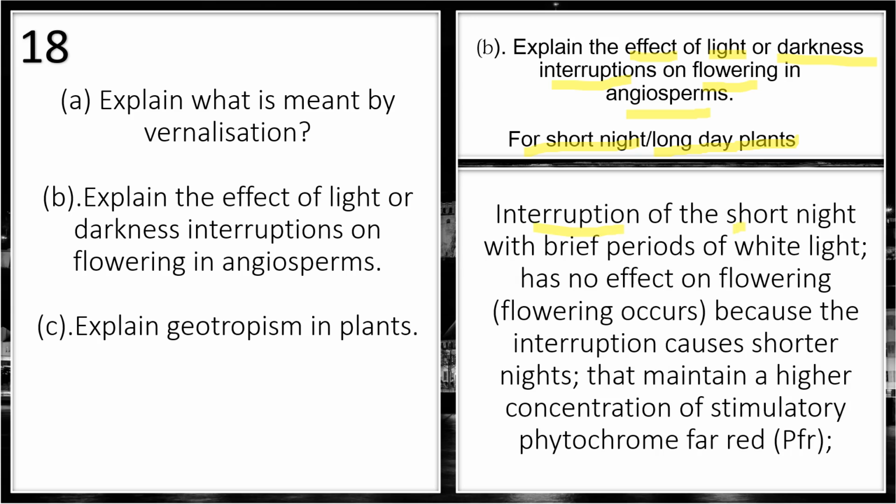Interruption of the short night with brief periods of white light has no effect on flowering. Flowering occurs because the interruption causes shorter nights that maintain a higher concentration of stimulatory phytochrome far red.